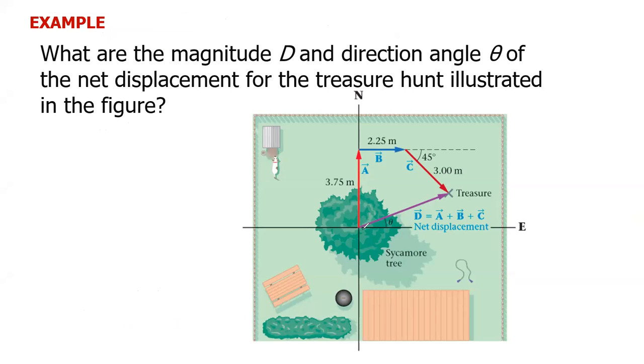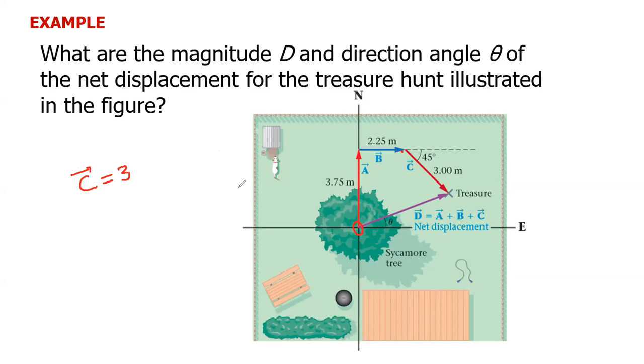Let's say you are starting from here. You go 3.75 miles north, and you turn and you go another 2.25 to the east. After that, what do you do? So this vector C, if I write it, 3 meters, what is the direction?